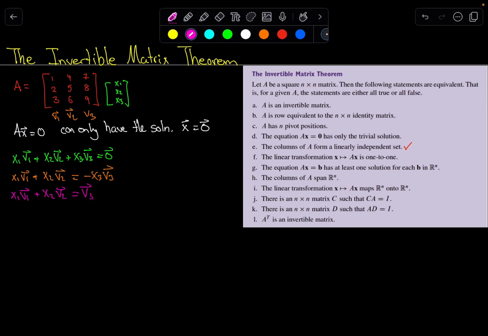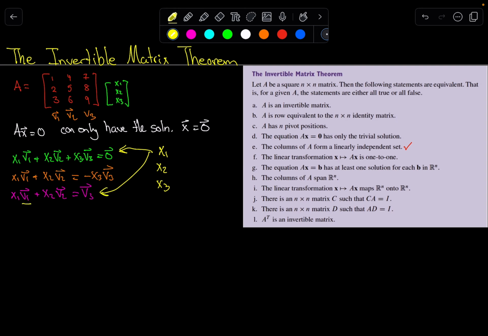And the idea is that if this thing has a non-trivial solution, what you're telling me is that there is some x1, some x2, and some x3 that'll make this true. But that can't happen, because if that's true, then this is also true.